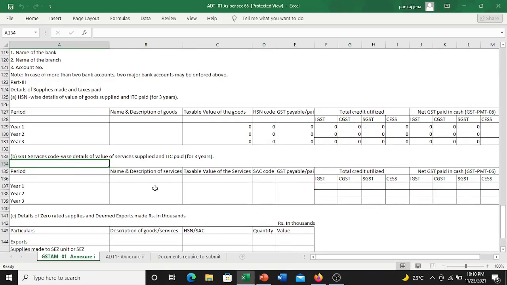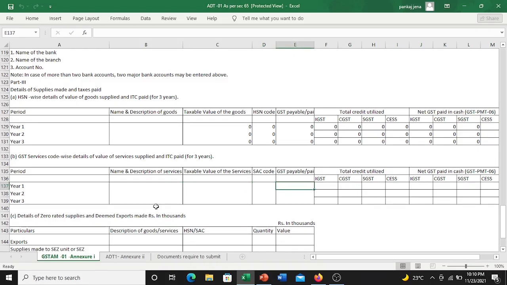the services. Here I have to mention it year wise, like for us it is 2017-18, 2018-19 and 2019-20. So for each year we have to fill in the name and description of the services, then the taxable value of that, the SAC code, and GST payable.